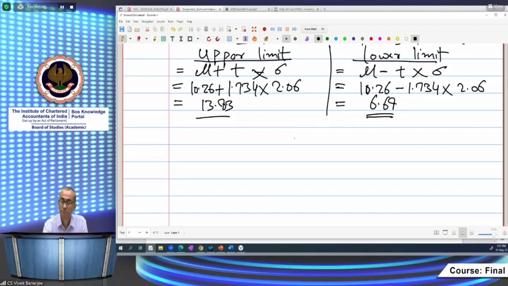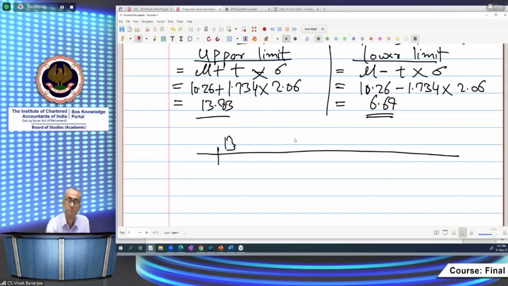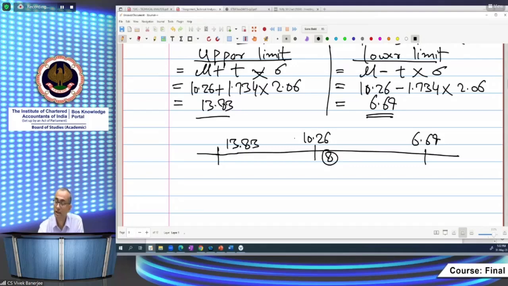Now this is the upper limit, 13.83, and this is the lower limit, 6.69. The average is 10.26, and 8 is the number of runs. Is 8 between this upper limit and this lower limit?